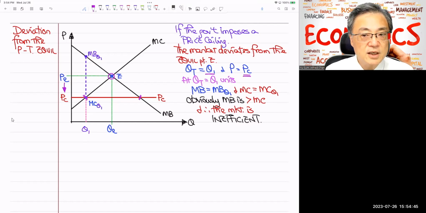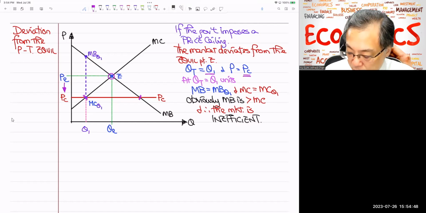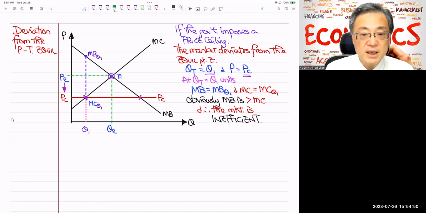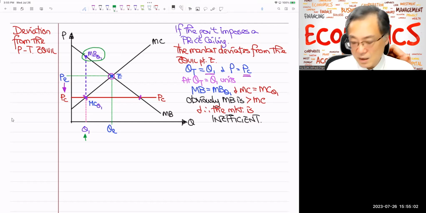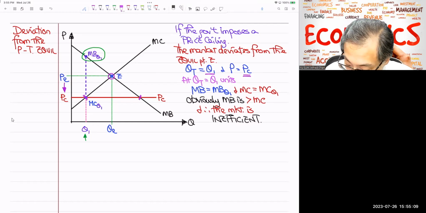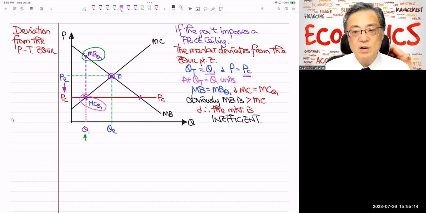At QT equal to Q1 units, where is my MB? The quantity transacted is here, and the MB is right up here. And how about MC? When quantity transacted equals Q1, MC is right here. So it's quite obvious that MB is much greater than MC.